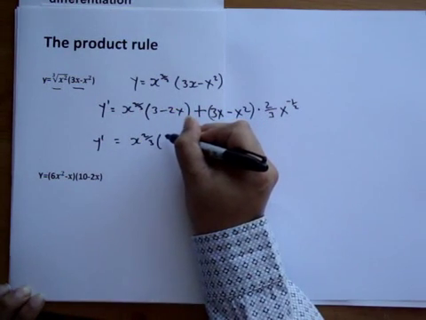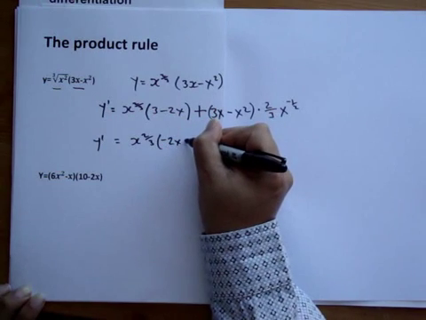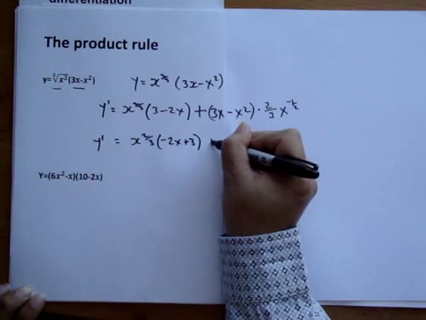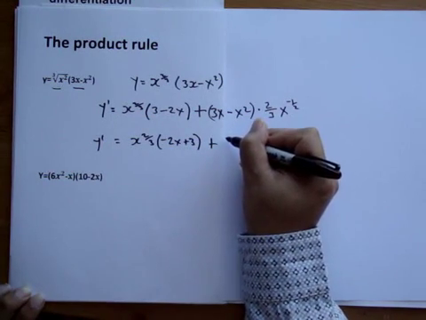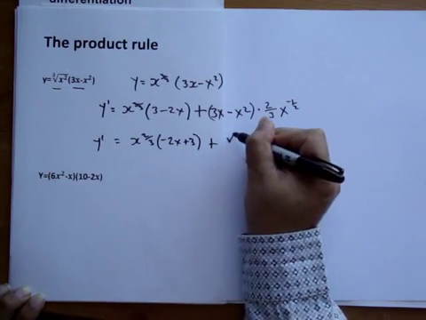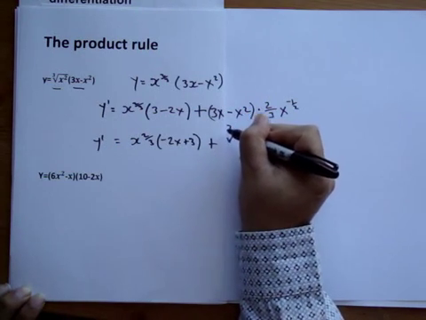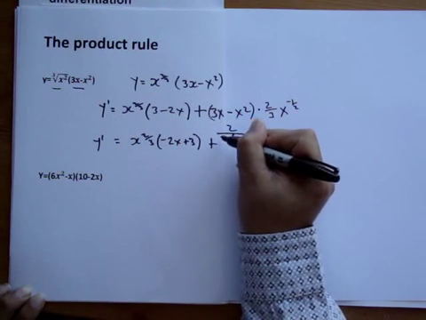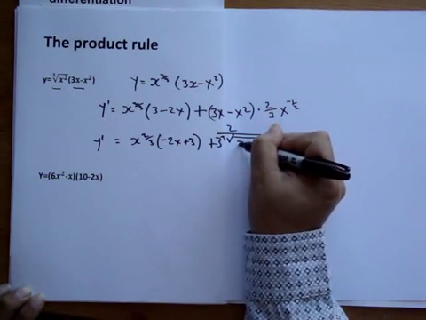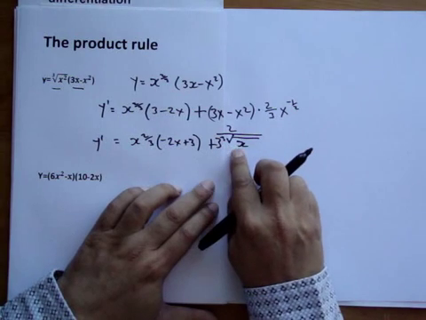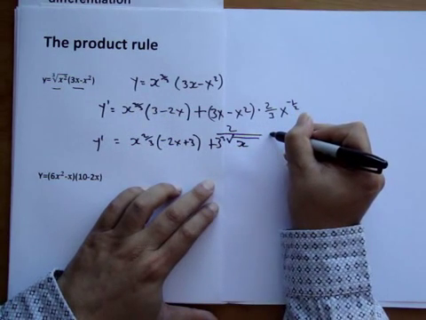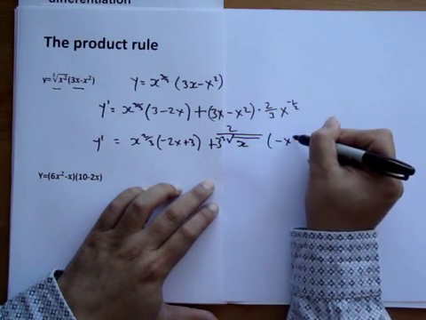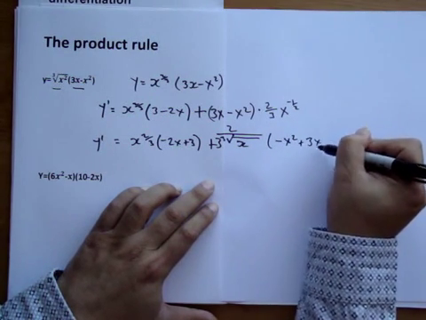So if we put the x first, we get minus 2x plus 3, plus, and when we tidy this up, we get 2 all over 3 cube root of x, and then minus x squared plus 3x.